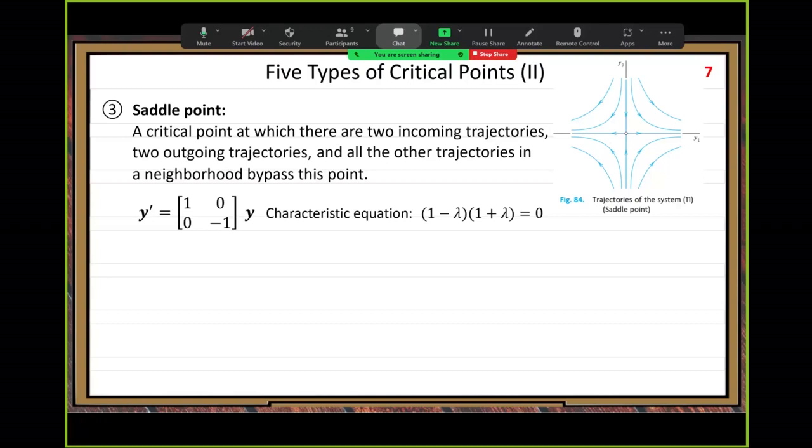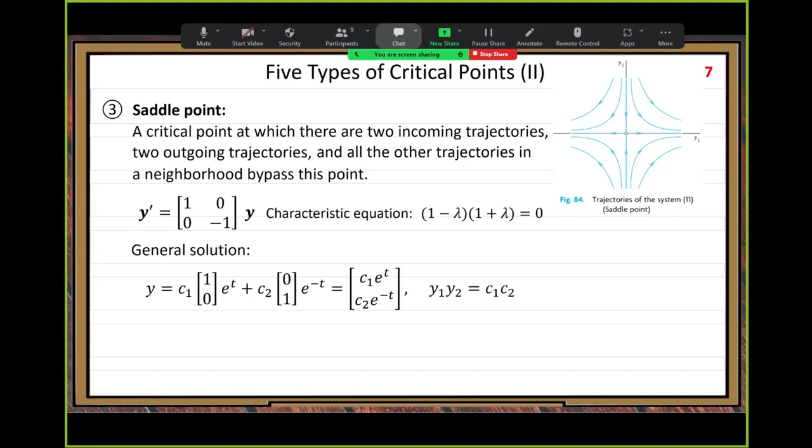That means we write the general solution in only one way. But if you have multiple roots, you may have different ways to write the solution. So the general solution here is written this way. Then this time y1 times y2 is a constant, C1 times C2.